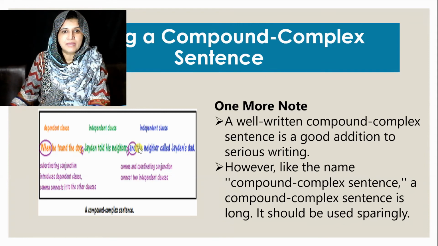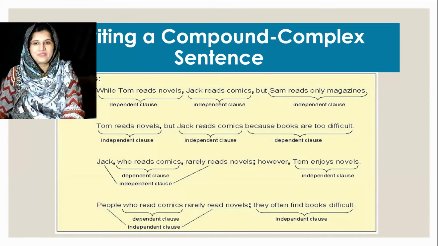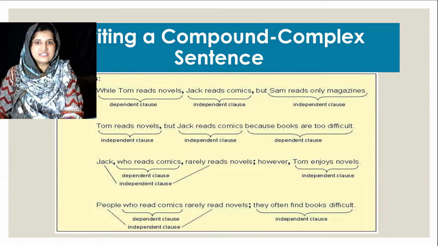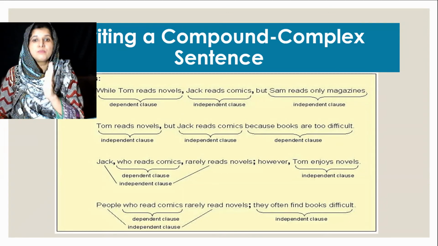So you can see here that we combined them through proper conjunction by adding comma, and this is another good example of a compound complex sentence. Okay, so now we'll see some more examples of a compound complex sentence in order to understand this structure properly.